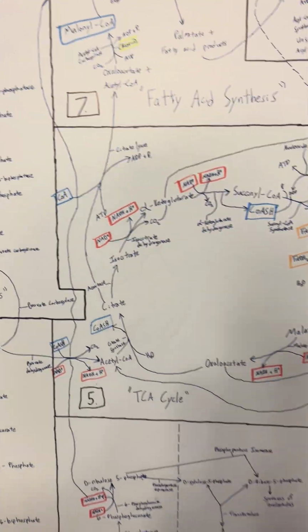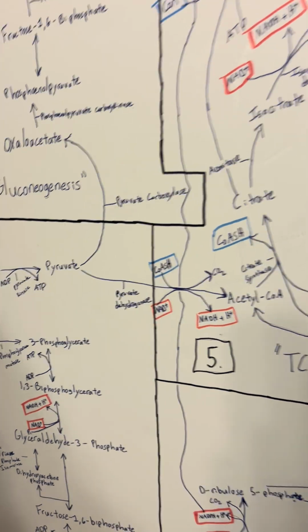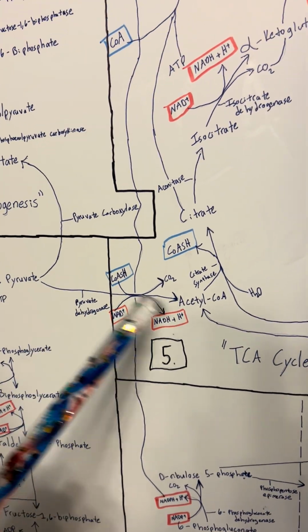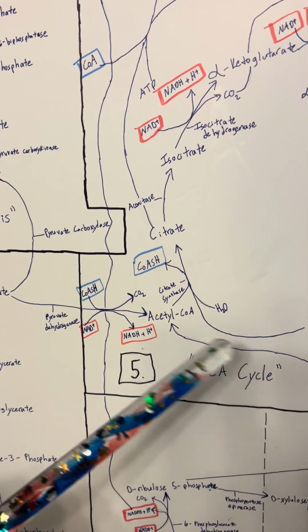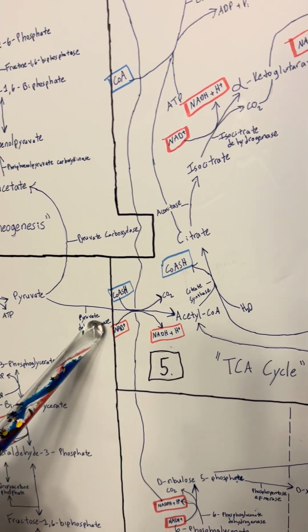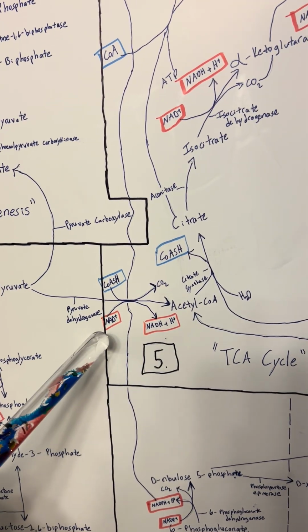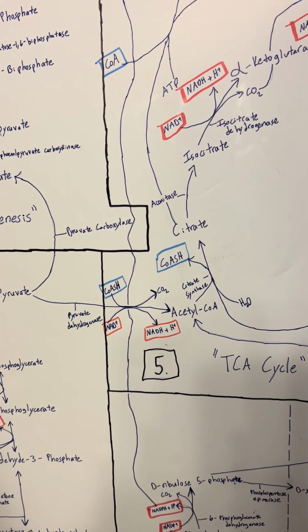Coming back up here to the TCA cycle, though. Starting with pyruvate, pyruvate is converted into acetyl-CoA for the TCA cycle by pyruvate dehydrogenase, producing NADH plus H plus coenzyme and releasing carbon dioxide as a result.